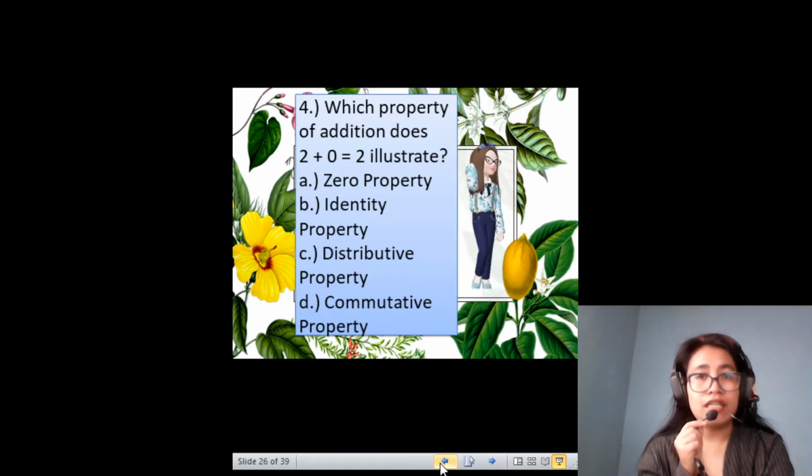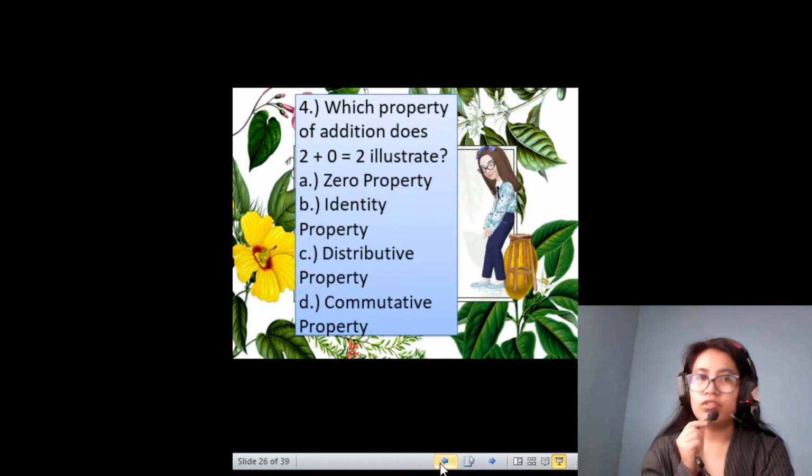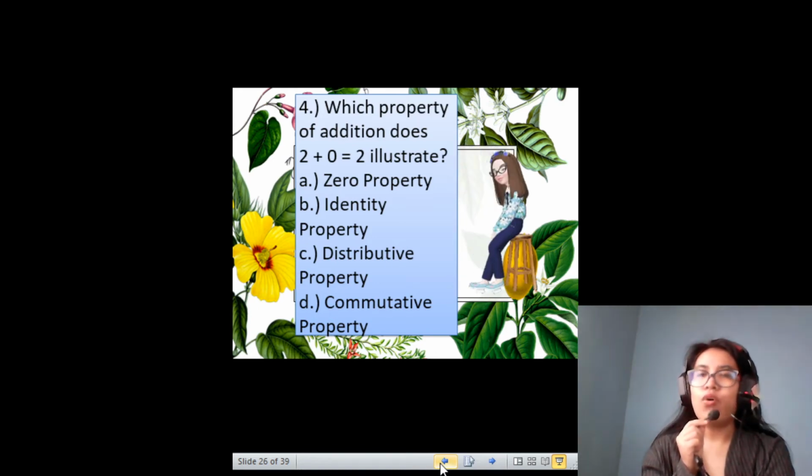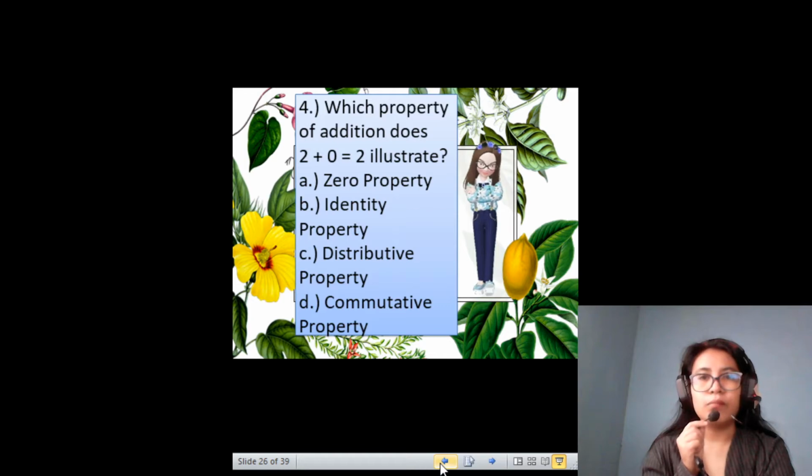Letter A, 0 property. Letter B, identity property. Letter C, distributive property, or letter D, commutative property.